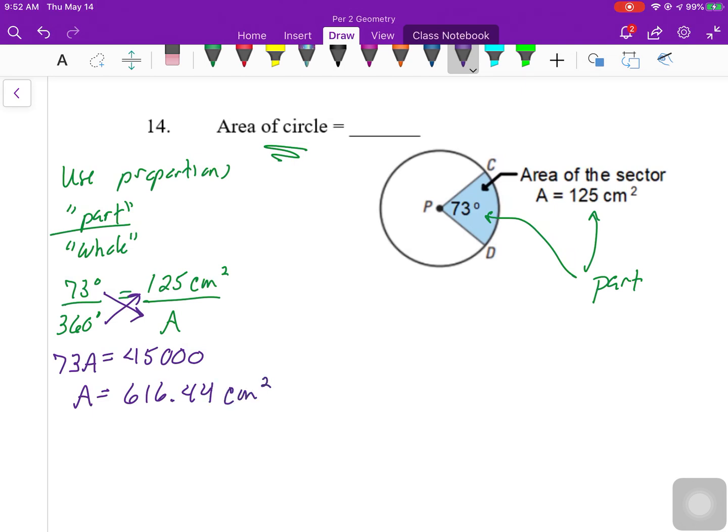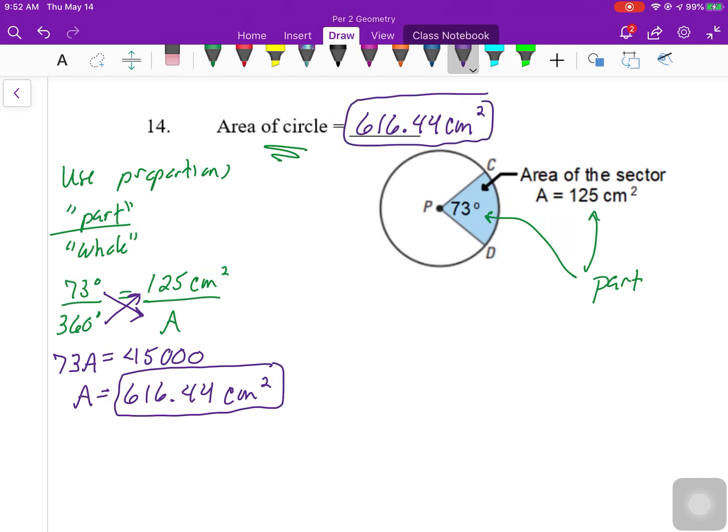We come up with an area of 616.44, and the label would be centimeters squared. And again, you want to box. In fact, you must box your answers. They have a blank for us, so we could put it on the blank as well. In fact, we should put it on the blank as well. And don't forget area is in square units. It's the units that are squared, not the number.